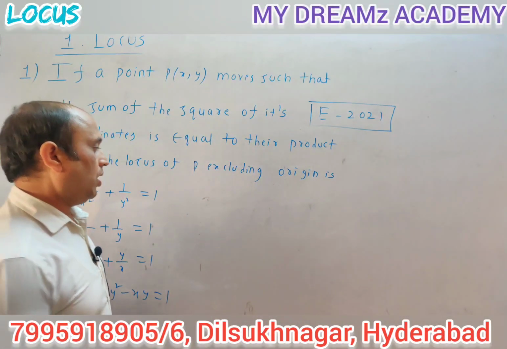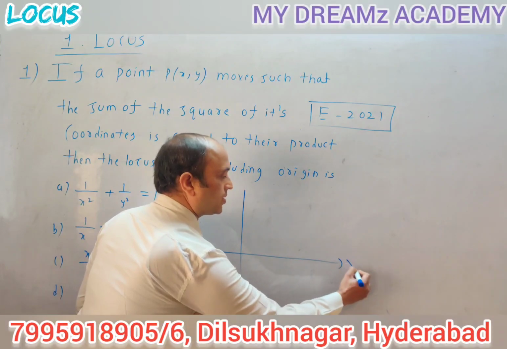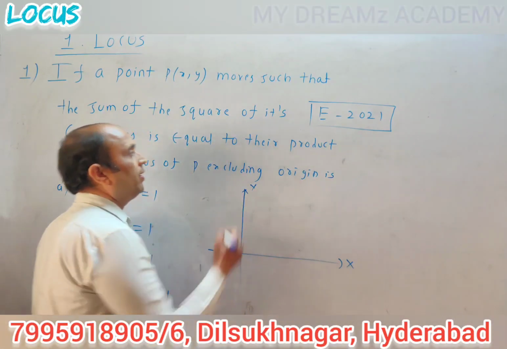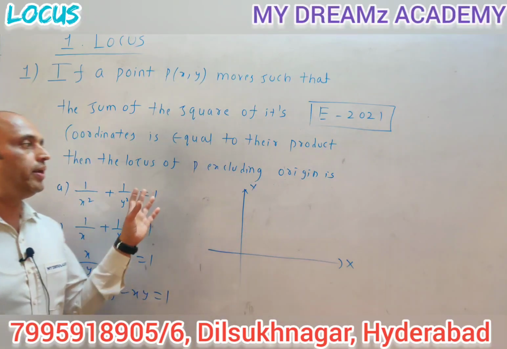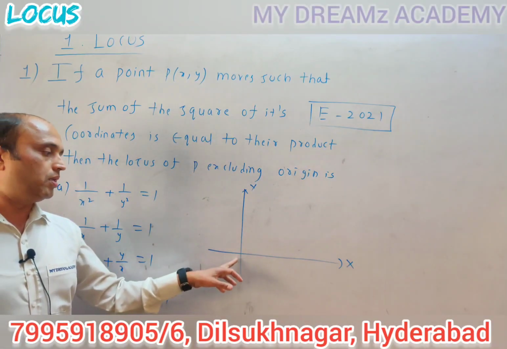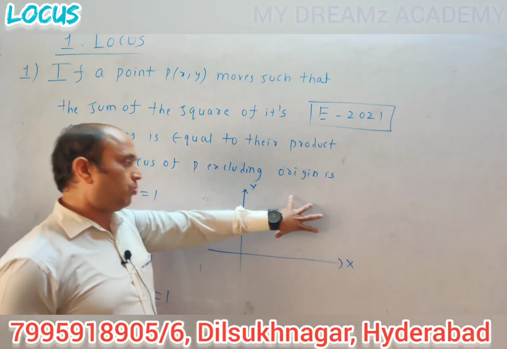Suppose this is the y axis and this is the x axis. It is already given that P is any point excluding the origin, so assume P lies in any quadrant, first, second, third or fourth. I am assuming P is (x, y). We already know that the x coordinate is the distance from the y axis, and the y coordinate is the distance from the x axis.